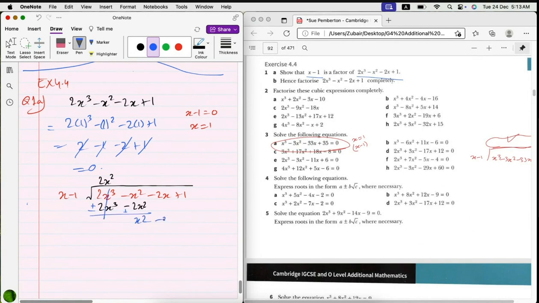This is x square minus 2x plus 1. To get x square, we just multiply it with x. x square minus x. Signs change. Minus x plus 1. We just multiply with minus 1. We get minus x plus 1. Signs changed.